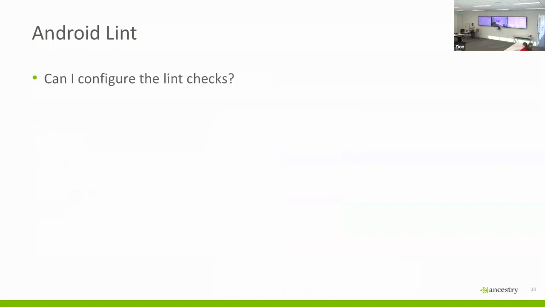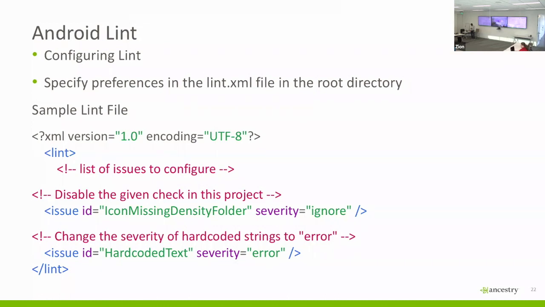So what if you wanted to configure your Lint checks? You asked about configuration in KT-Lint, but it doesn't have too many options. So let me talk about how we can configure our Lint checks. If you remember from the block diagram, there was a lint.xml file. This is where you'd specify which preferences you want for what checks.